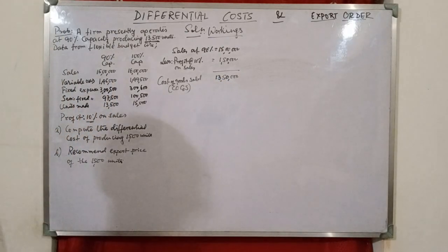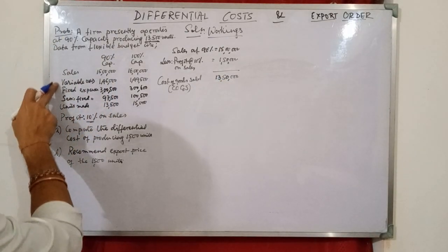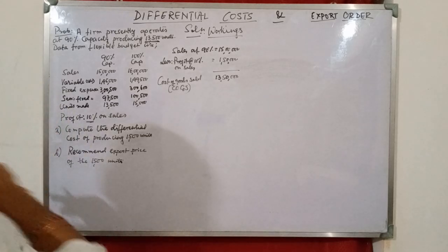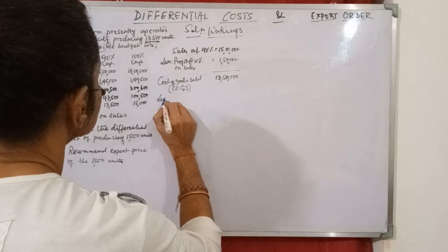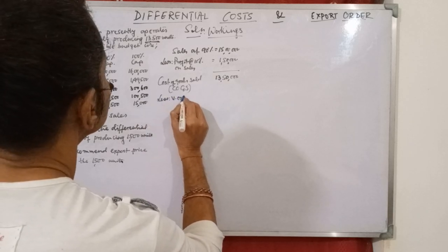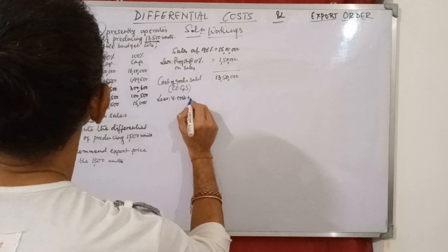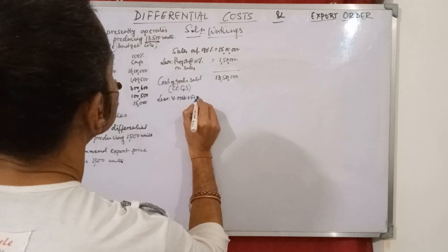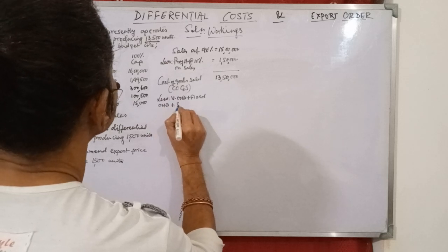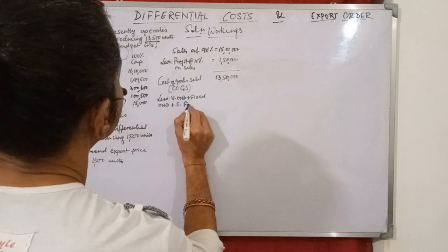Now from here we deduct all the expenses mentioned here, that is variable overhead, fixed expenses and semi-fixed expenses. Less variable overhead plus fixed overhead plus semi-fixed overhead.